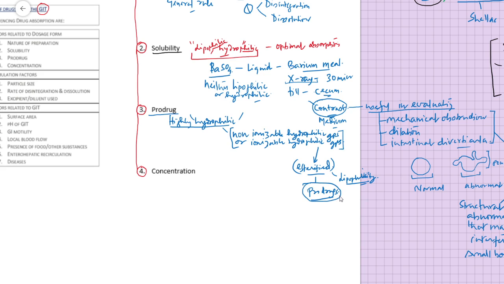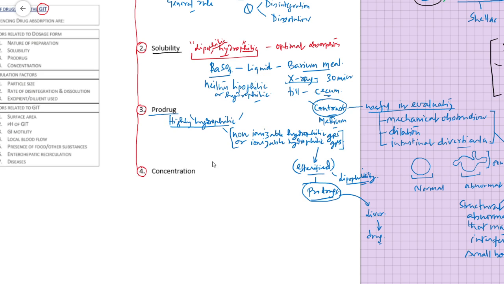Now this prodrug goes into the liver or any other, it undergoes metabolic processes after absorption, and then it gets converted back into the drug. So by using this chemical modification, by making it into prodrugs, we can increase the absorption from the GIT.